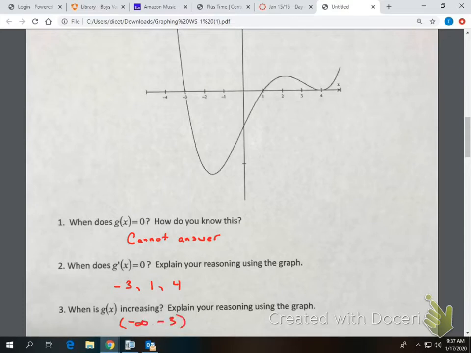And from 1 to 4. Nice. And, see how I had to say 1 to 4? And from 4 to infinity. Careful there. Okay?